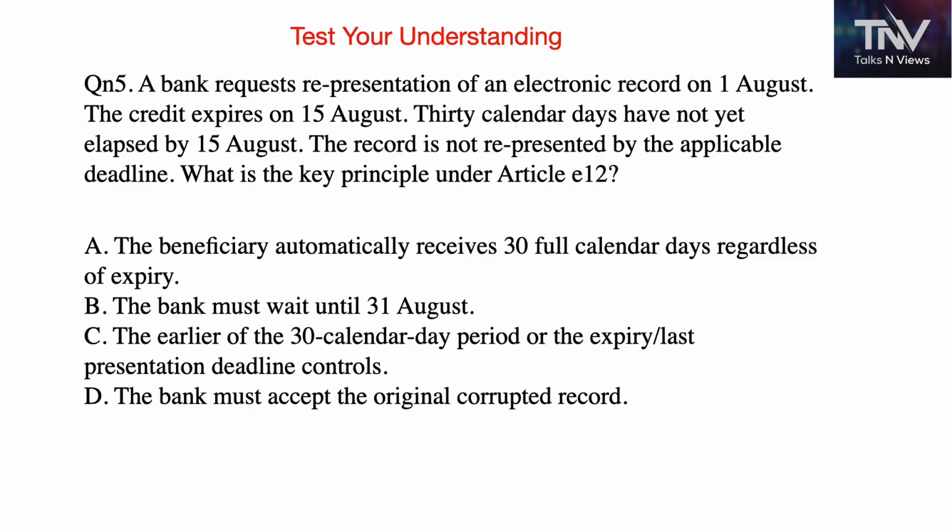A. The beneficiary automatically receives 30 full calendar days regardless of expiry. B. The bank must wait until August 31st. C. The earlier of the 30 calendar day period or the expiry or last presentation deadline controls. D. The bank must accept the original corrupted record. Answer: C.